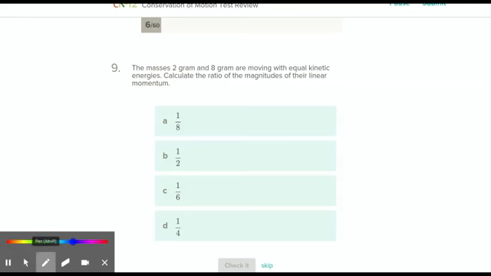Question number 9. The mass is 2 grams. All right. Next question, I also explained this question in a previous video. It says the masses of 2 grams and 8 grams are moving with equal kinetic energy.